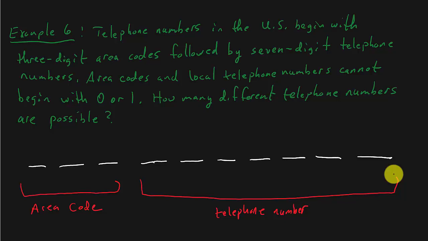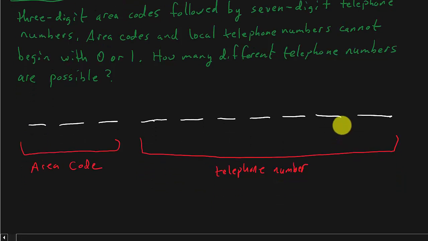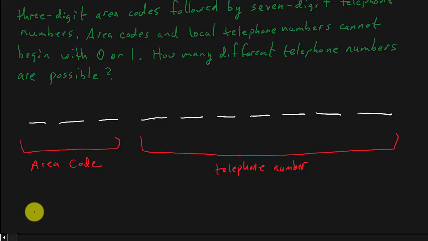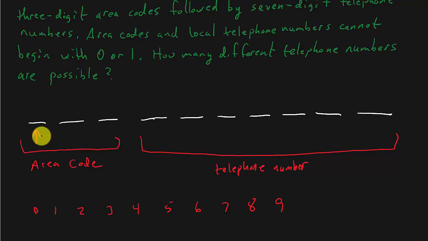For the area code, what digits can I put there? You can put 0, 1, 2, 3, 4, 5, 6, 7, 8, or a 9. There's 10 choices.